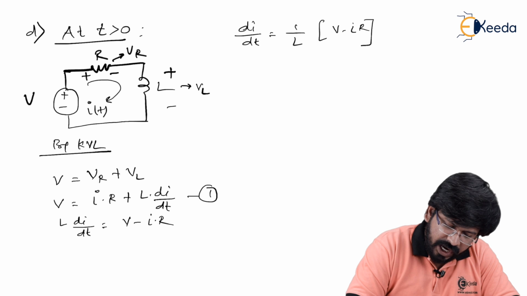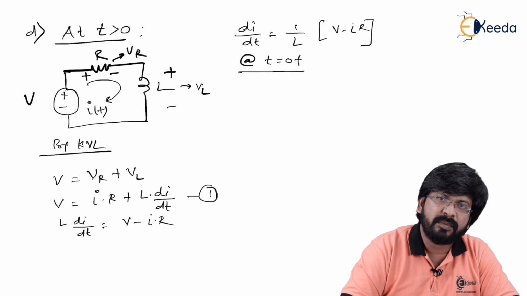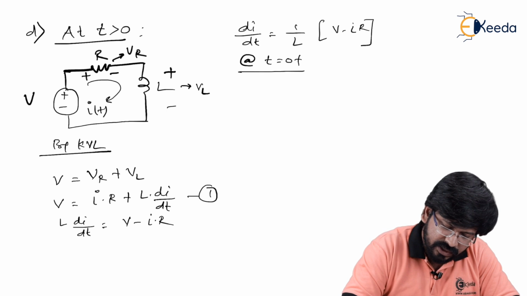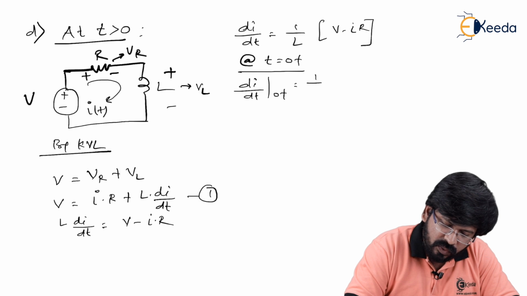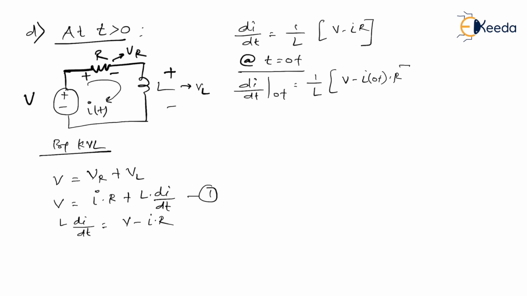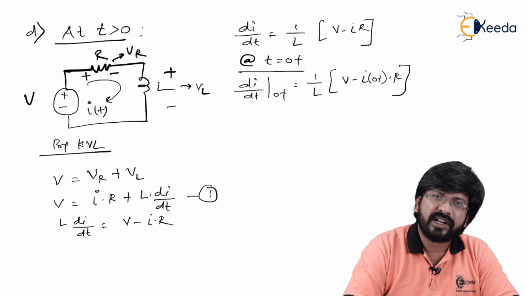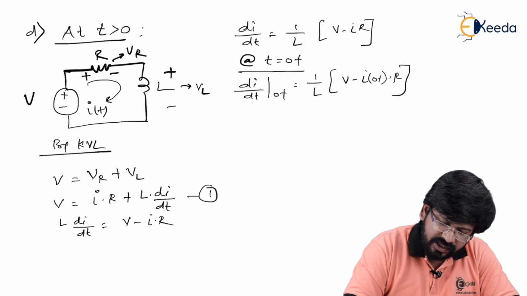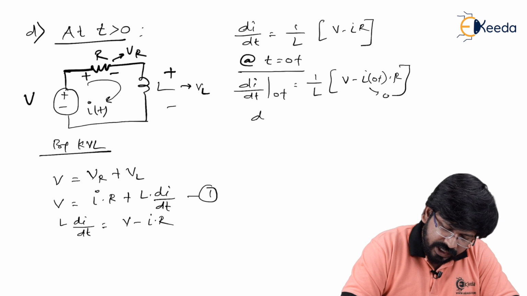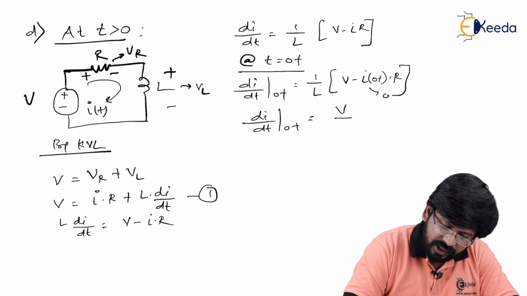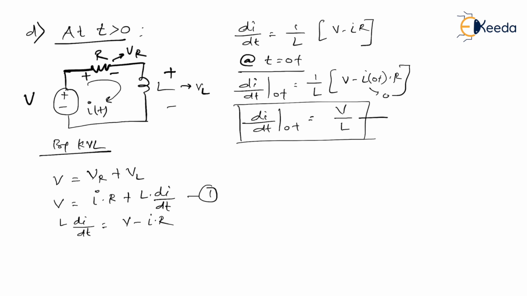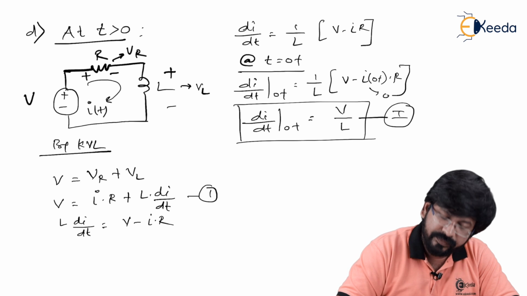I want di by dt at t equal to 0 plus, because they are asking for d square I by dt square at t equal to 0 plus only. So di by dt at 0 plus is equal to 1 upon L times V minus I of 0 plus times R. You know the fact that I of 0 plus was 0, right? So di by dt at 0 plus is simply V by L. I'll call this Roman 1.